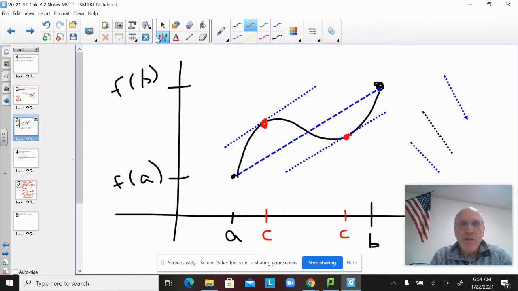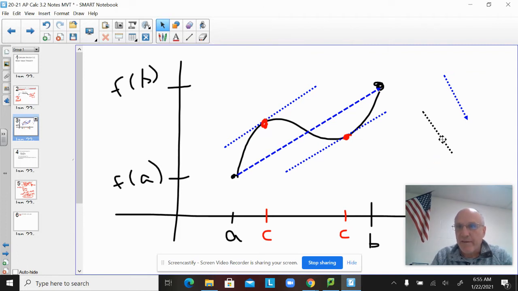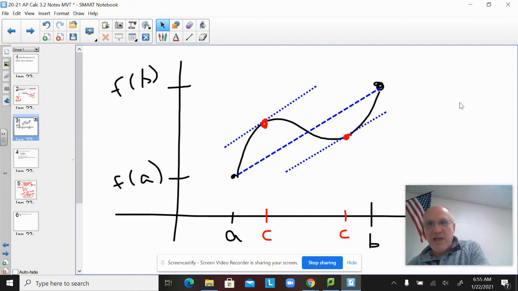So these things over here are extra. I was just figuring out how to use my dotted lines. So here's some function, f of x, and I have an a and a b. And the thicker blue line in the middle is my secant line. The slope of that blue line would be f of b minus f of a over b minus a. This theorem just says that somewhere in the interval, there happens to be a point c where the slope of the tangent line is parallel to the slope of the secant line.